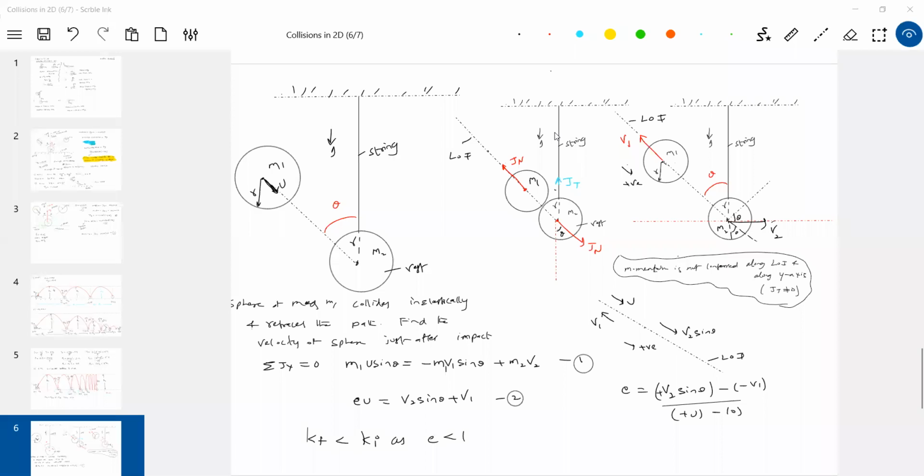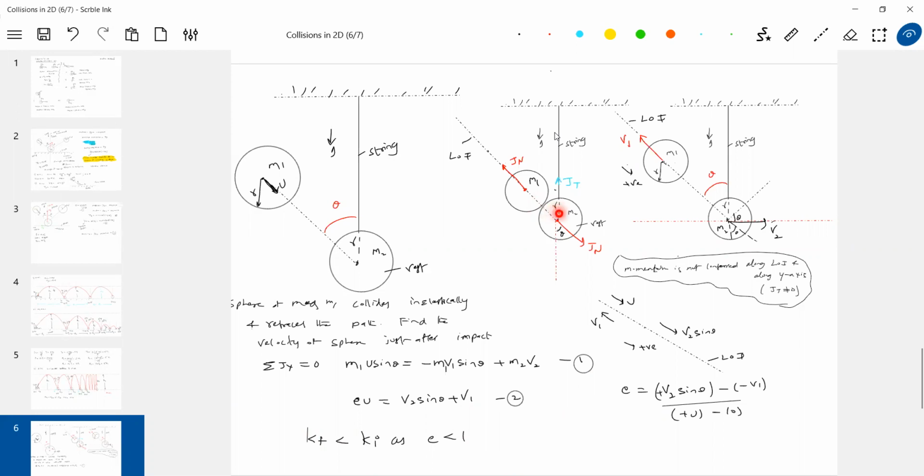Conservation of momentum: m1 u sine theta equals m1 v1 sine theta, the velocity of this being v1, plus m2 v2. Now, the loss in kinetic energy, where will it go? More than one option. Everyone knows how to solve this, writing the equation.